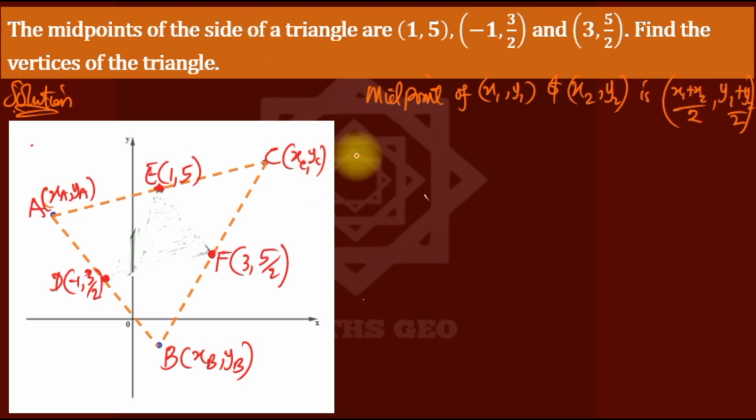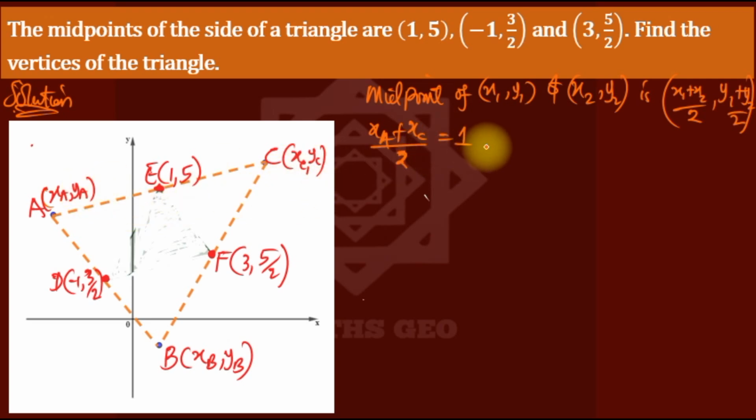So you know that the midpoint of AC, for the x coordinates, (XA + XC)/2 will give us 1. That's using this formula, the average. This is like x1, this is x2, y1, y2.